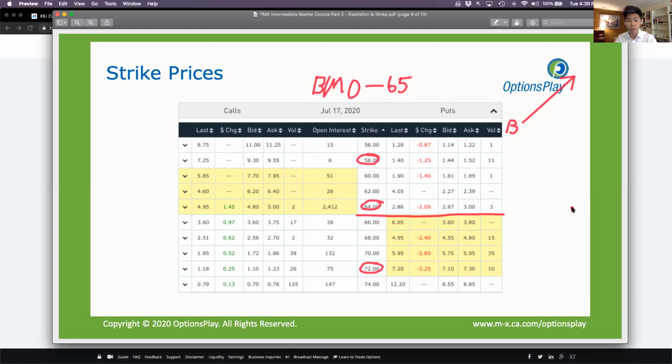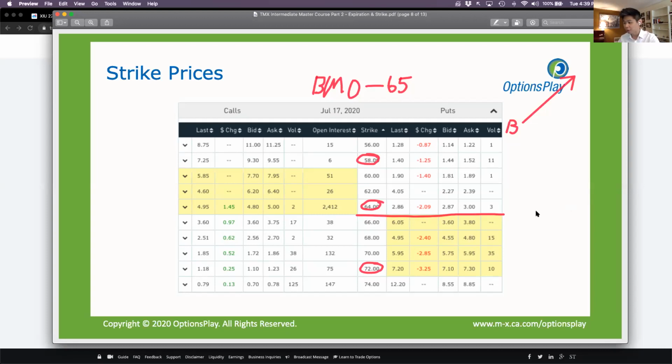When you're looking at an option chain, guess what? Where do you naturally gravitate towards? Especially investors who are not familiar with options, who don't really understand the difference between at the money, out of the money, and in the money in terms of time decay, in terms of how extrinsic value works and how delta works.